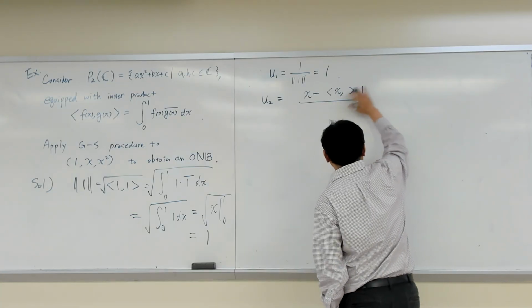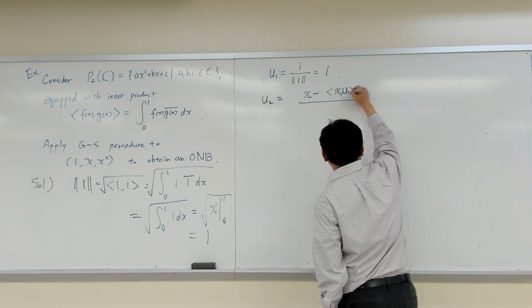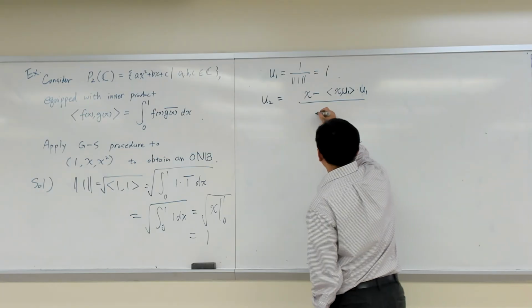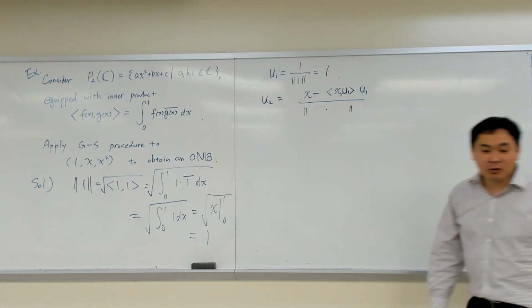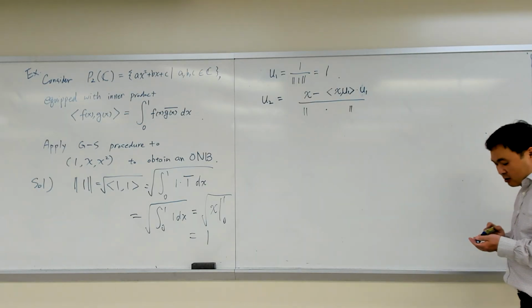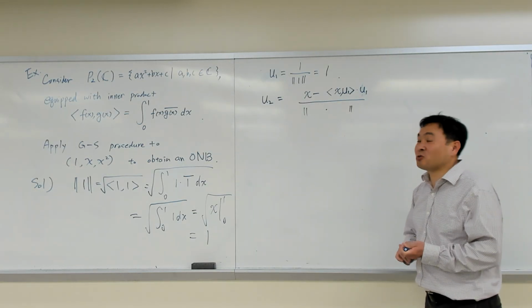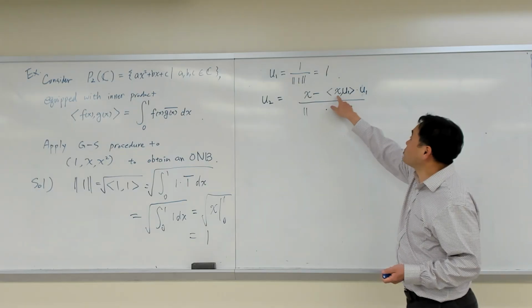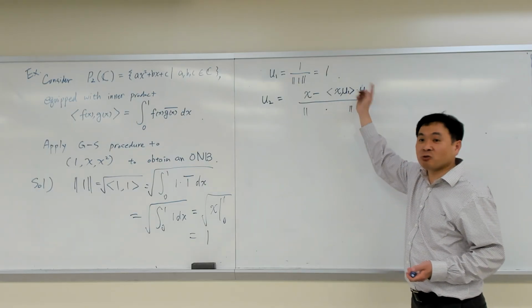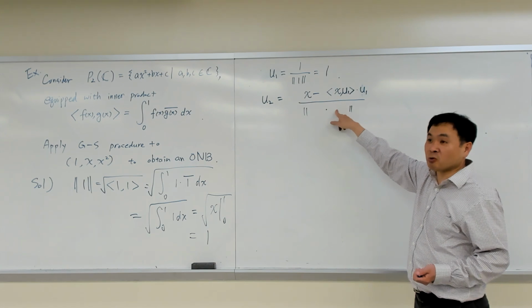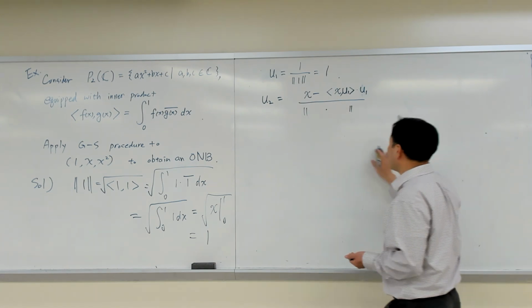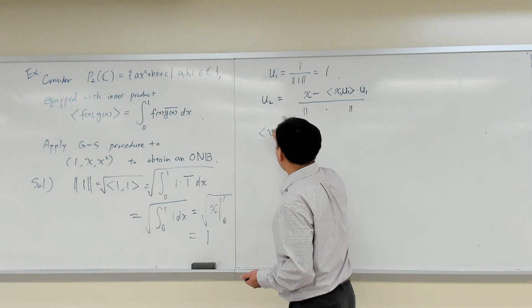I shouldn't be writing it this way; I should really be saying the inner product of x and u1, times u1. And then normalize, whatever that is. When you apply Gram-Schmidt, it's good to do it in 2 steps. First, compute the projection and subtract. Once you get the vector, after that you want to find the norm. So let's do that. What is the inner product of x and u1?